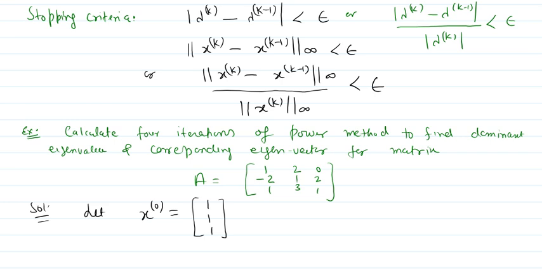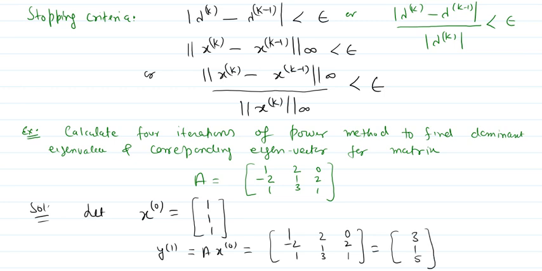Then multiply A with x naught. This is usual matrix multiplication. Say this is y1, the new answer. So with 1 minus 2 1, 2 1 3, 0 2 1, we got the first answer 3 1 5. This 3 1 5 doesn't have norm 1, so we scale it.